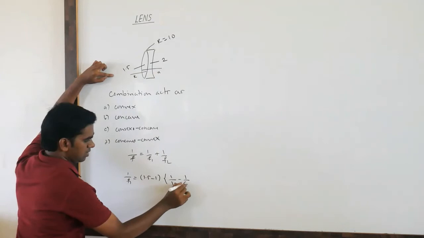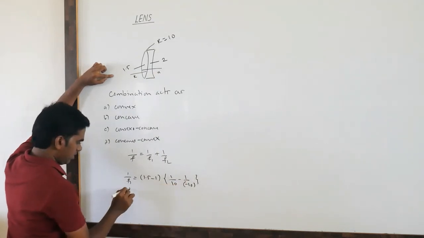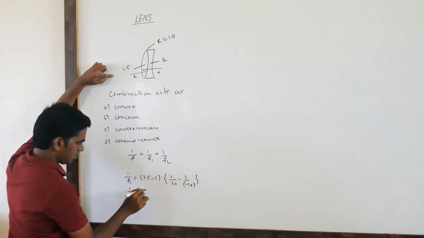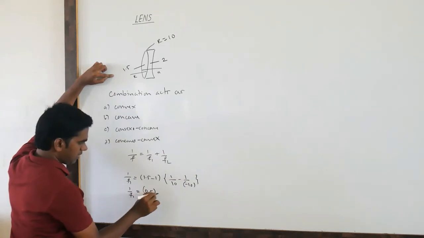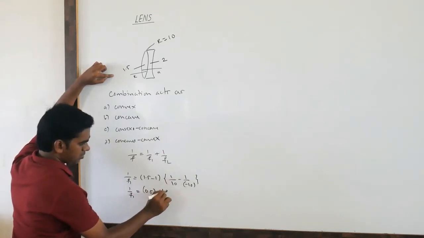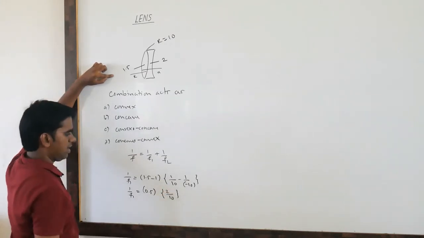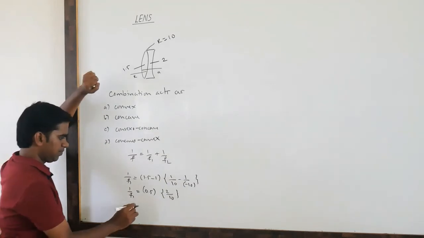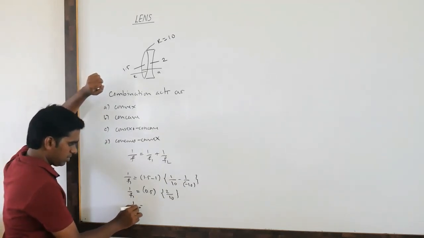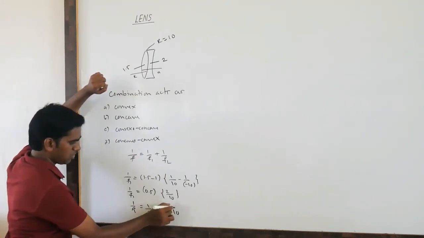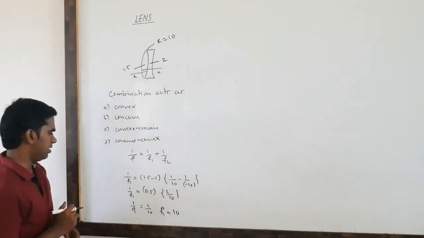So it is minus 10. So 1 by f1 equals 0.5 into 2 by 10, which becomes 1 by 10. So f1 equals 10.